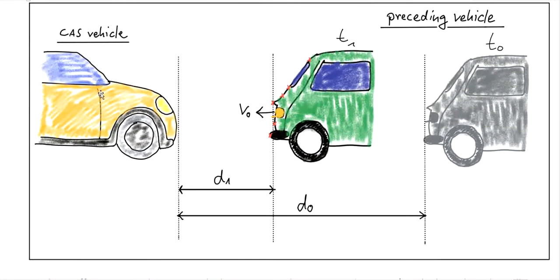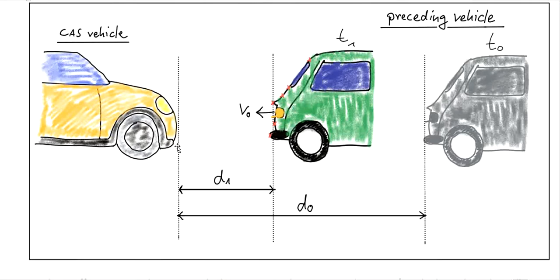You can see the yellow car right here has the collision avoiding system, and we have another car on the road, the green car. At time t equals 0, we have the distance d0. But sometimes the green car stops, and our yellow car is coming.